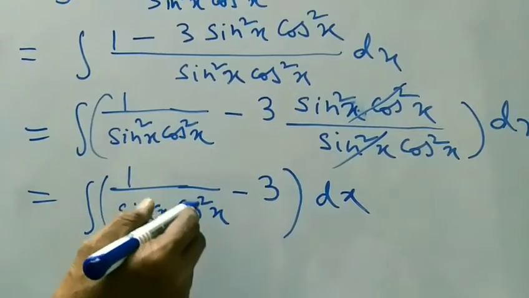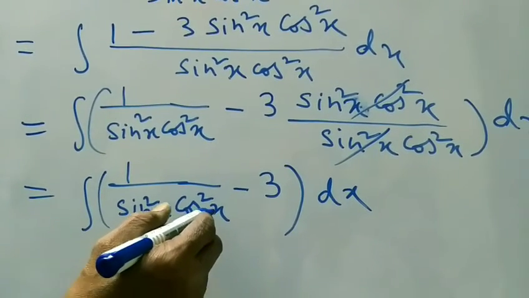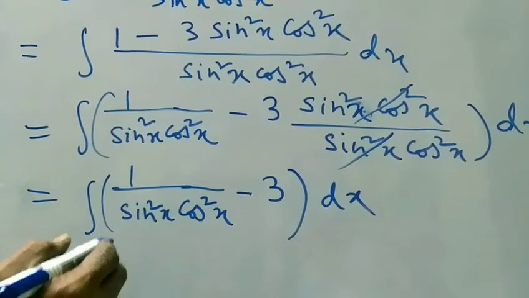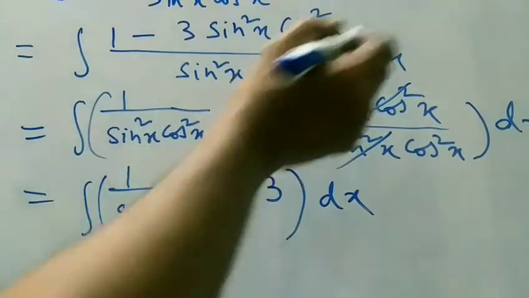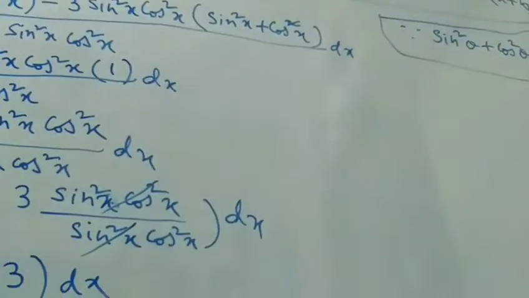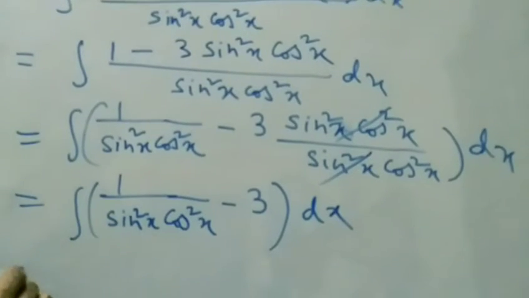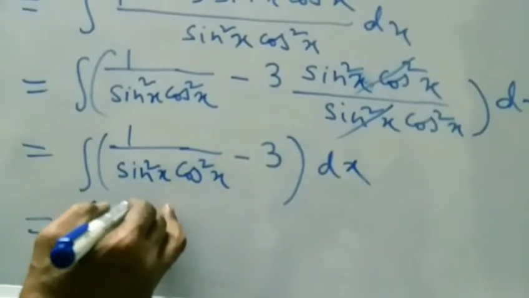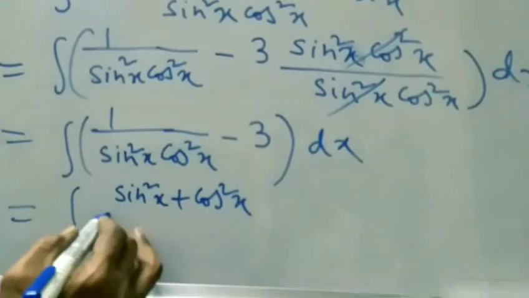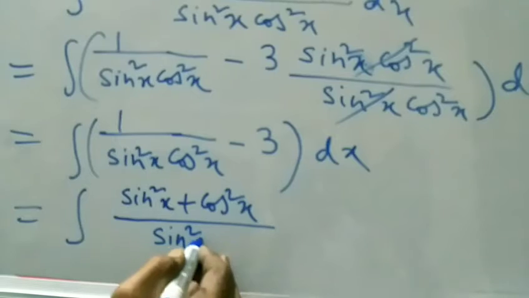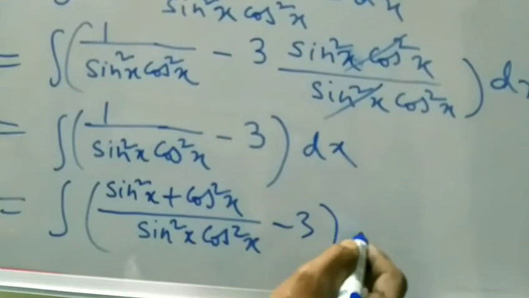Here, two terms are there. As already known, in terms of sin theta and cos theta, 1 is equal to sin square theta plus cos square theta. So here also, in place of 1 we substitute sin square x plus cos square x. That is equal to the integral of (sin square x plus cos square x) divided by sin square x into cos square x minus 3, whole dx.